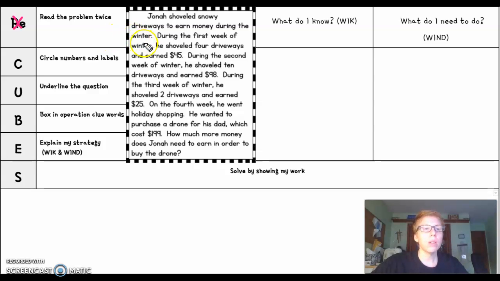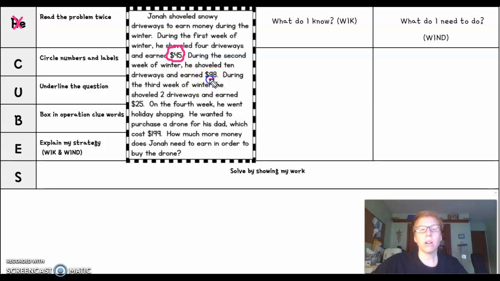I am going to circle $45 because he earned $45 in the first week of winter. Now, I do not need to circle the 4 driveways because that has nothing to do with it, or the first week of winter. I just know he earned $45.